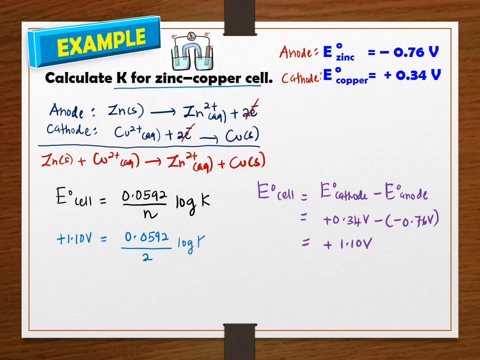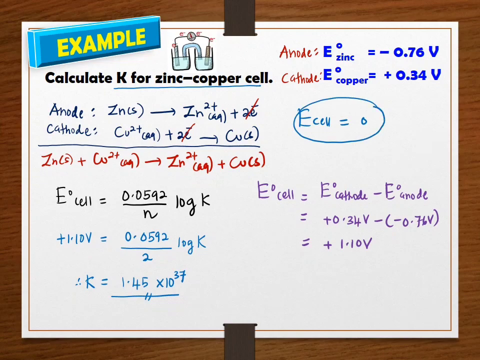So log K. So and then press your calculator, you akan dapat the value of K equal to 1.45 times 10 power of 37. So no unit for equilibrium constant. Okay, so ingat bila melibatkan K, we know that E cell must equal to 0. Alright.